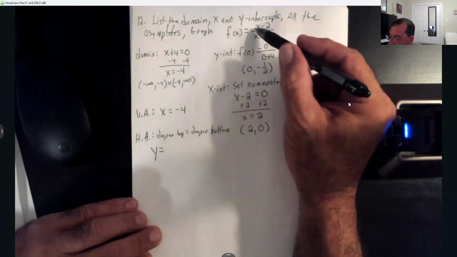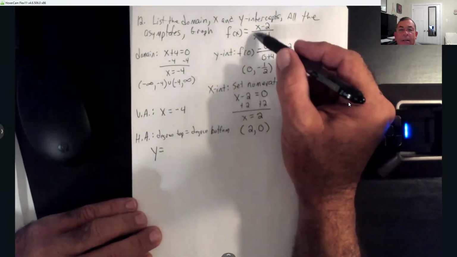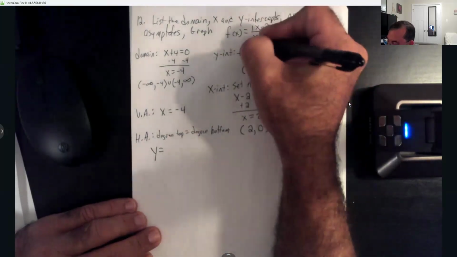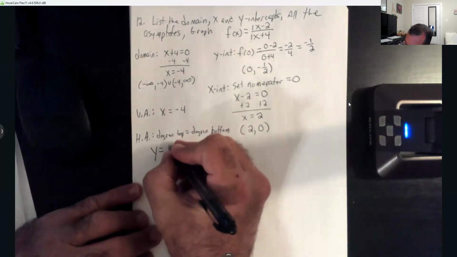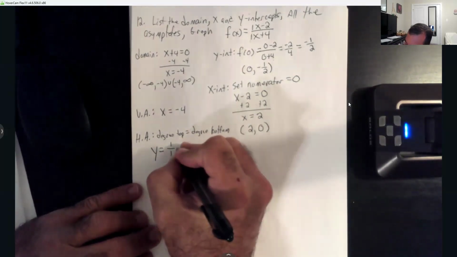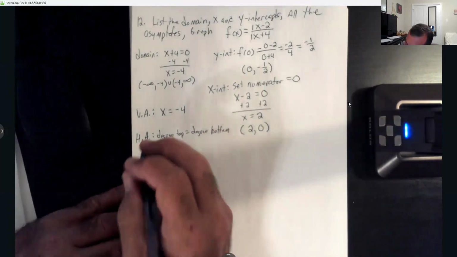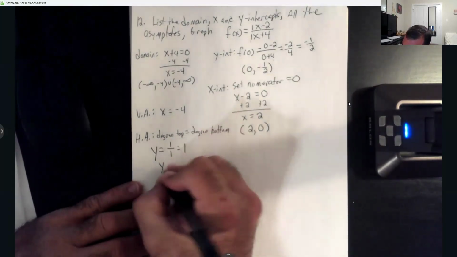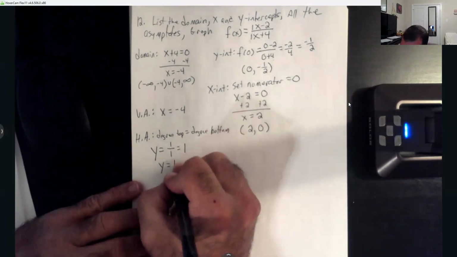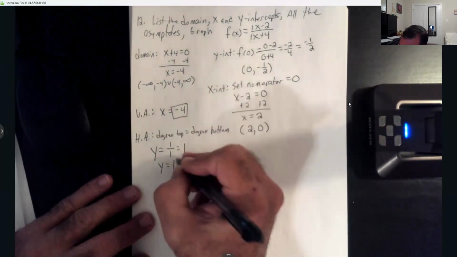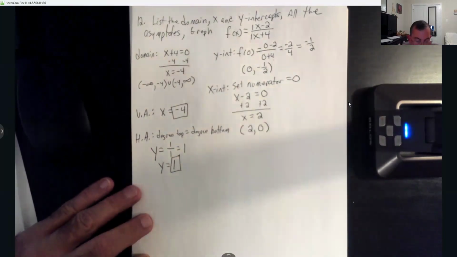But y'all, I don't see no numbers in front of those x's. It's going to be 1. So you got to treat that like a 1x and a 1x. So this will be 1 over 1, which is 1. So for my horizontal asymptote, it'll be y equals 1. And y'all, I think they give you the x equals here and the y equals there.